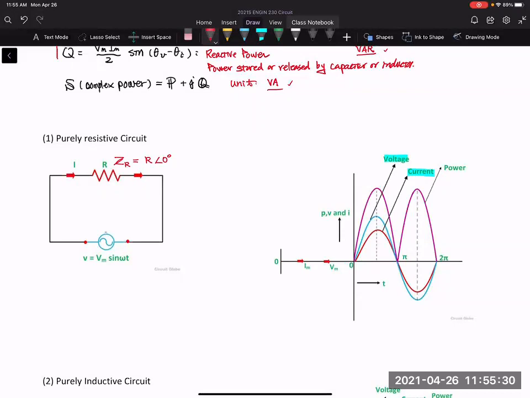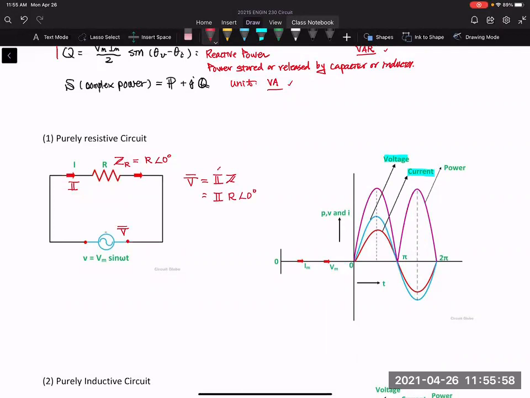And then you have a phasor I and a phasor V. You can find their relationship by writing Ohm's law: V is equal to I times Z. And what is Z? Well, Z is R with a 0 degree angle.